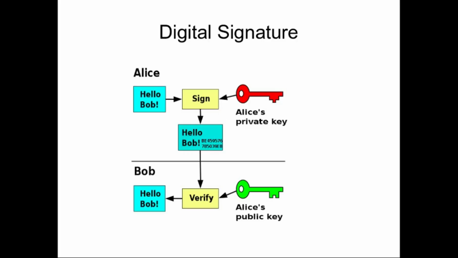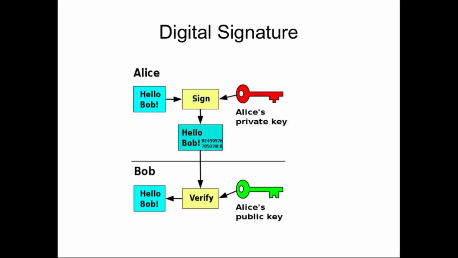We can further use it for digital signatures. Alice sends a message, signs it with Alice's private key, and sends it to Bob. Bob will use Alice's public key to open that signature and verify that it is indeed Alice.